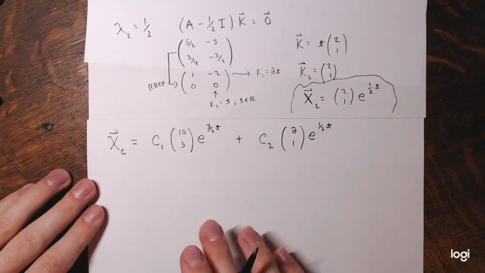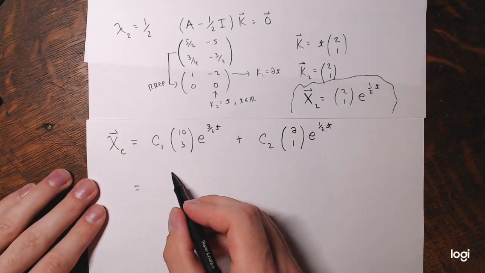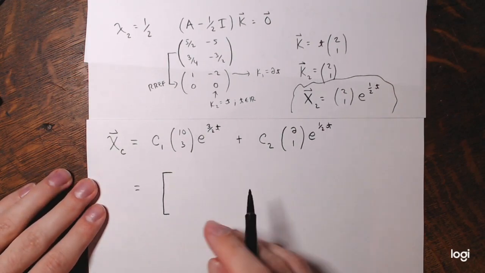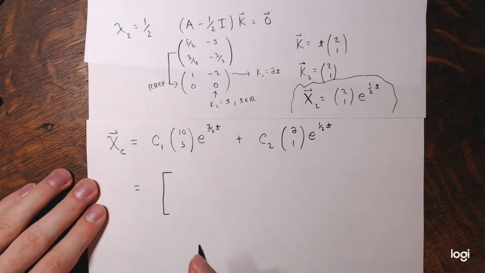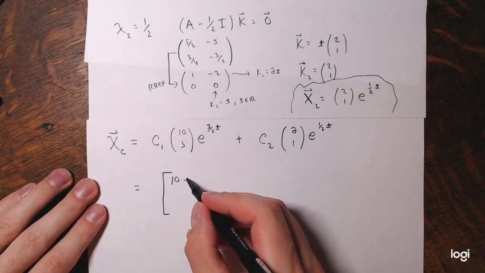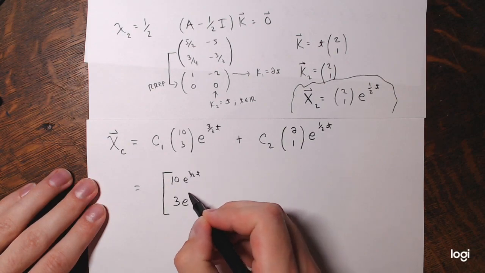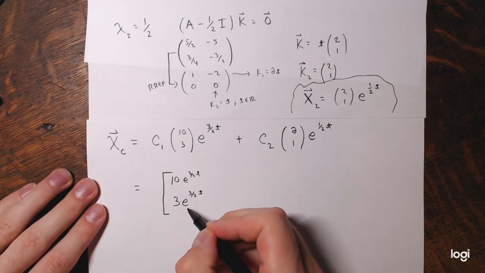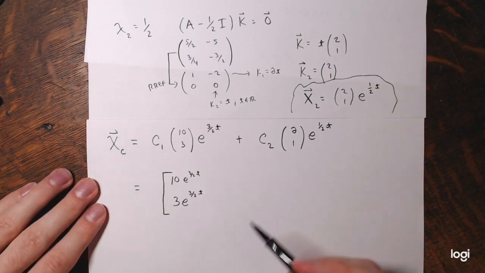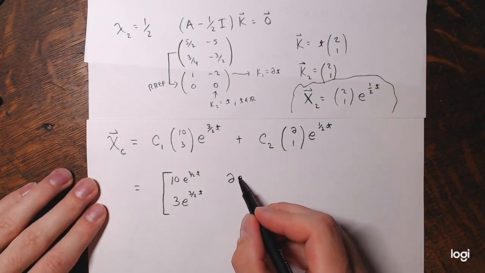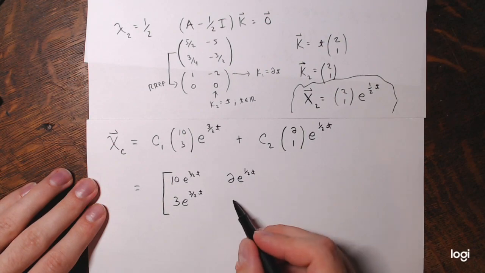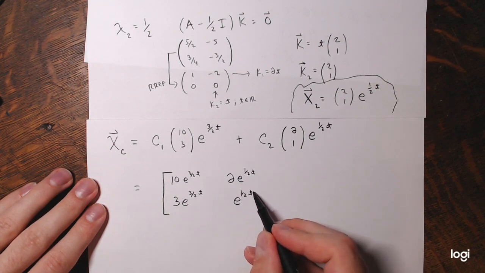All right, and as I said before, you can write this as a matrix product, where I have 10 e to the 3 halves t, 3 e to the 3 halves t. This is x1 down the first column. x2 is 2 e to the half t, and then just e to the half t down the second column.